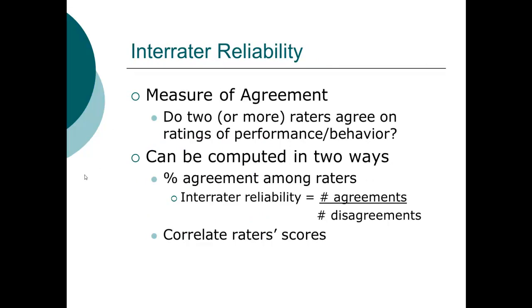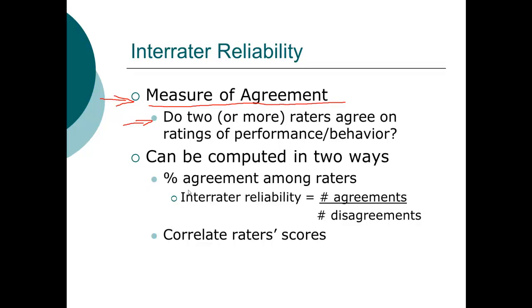Interrater reliability, again, that's if two people come up with maybe two different measures, but it's a measure of the degree of agreement. Do they agree on the ratings of performance or behavior?